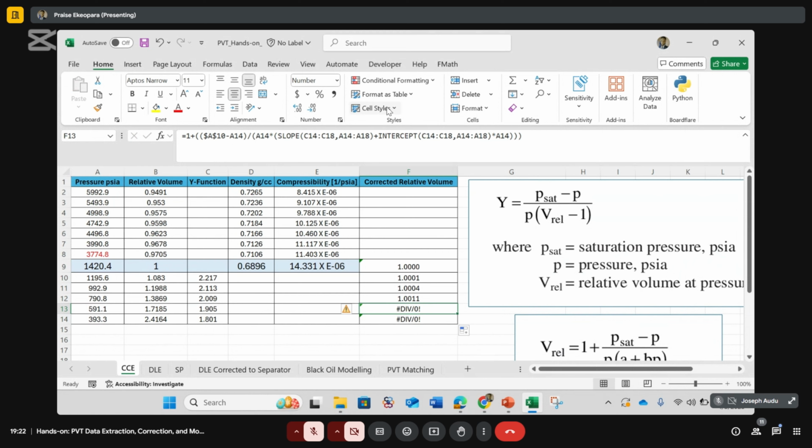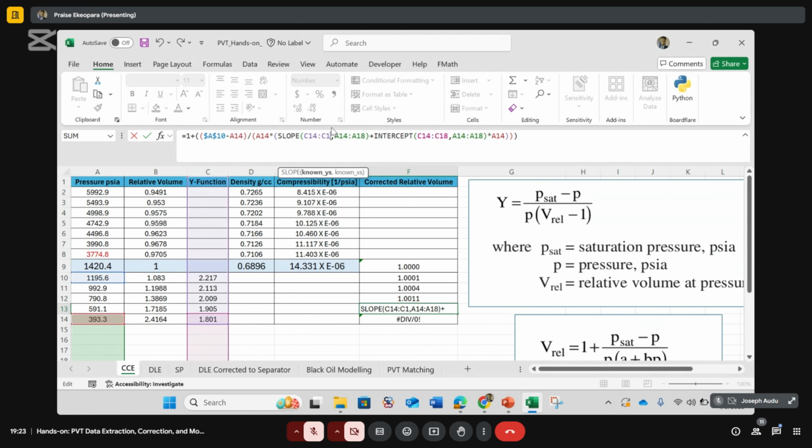I just need to cross check to know where I'm getting that. Okay, so this should stop at 14. It should be 14 then.